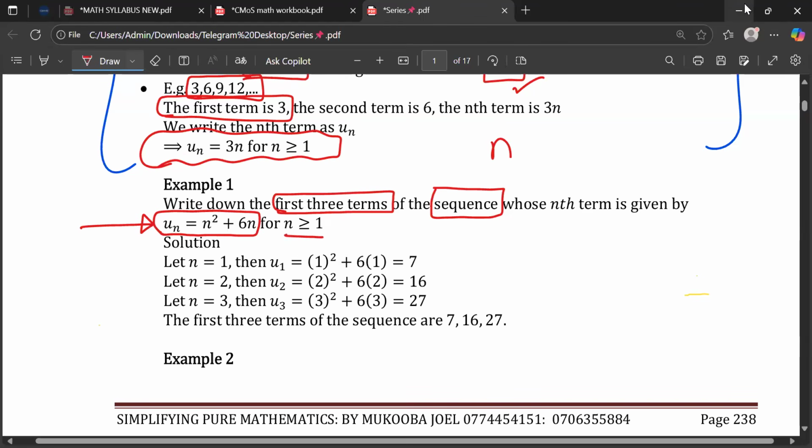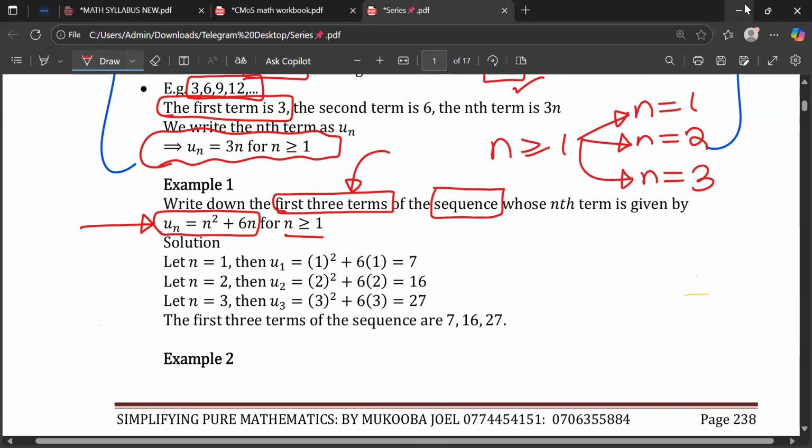I told you this in probability. When they say n greater than or equal to 1, they mean n equal to 1 first, then n equal to 2. Because they have said the first 3, we shall not go beyond n equal to 3. Because they said the first 3.